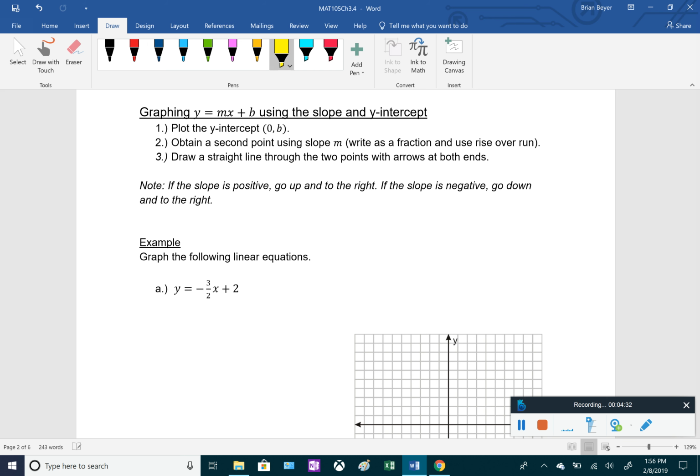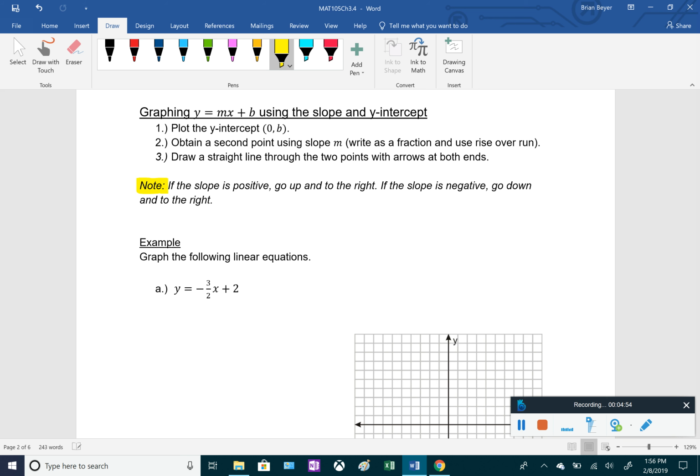And this little note right here is just something to keep in mind. If we have a positive slope, we're going to go up and to the right. If the slope is negative, go down and to the right. So essentially what I do is, if there's a negative, I just put it with the numerator, and that'll tell you to go up or down, and then you always go to the right.